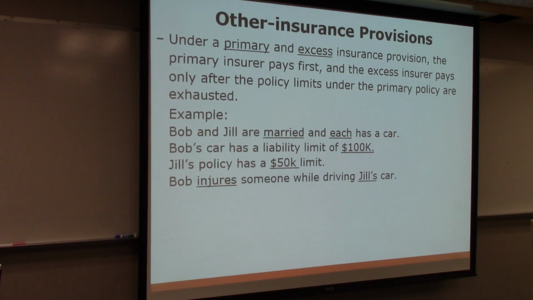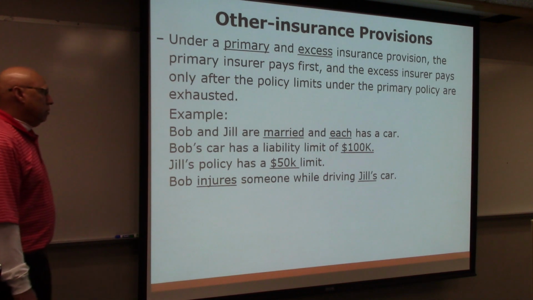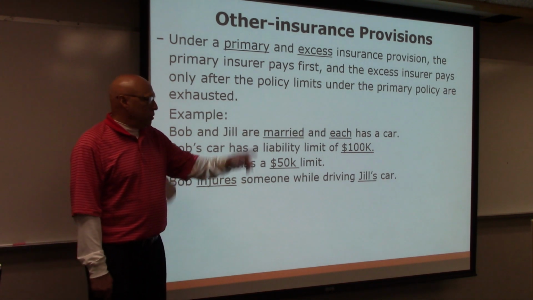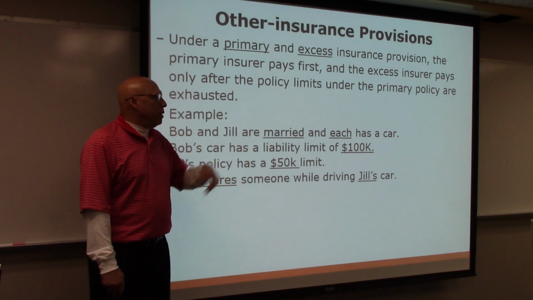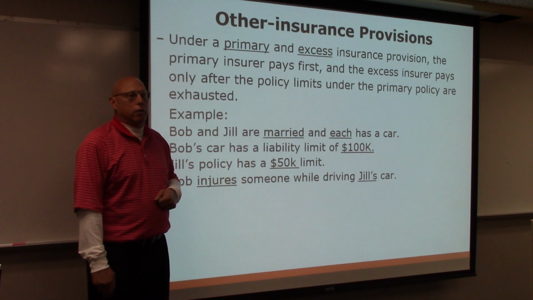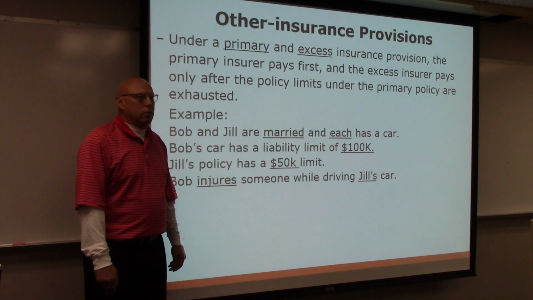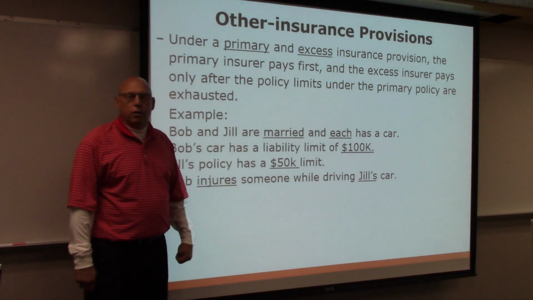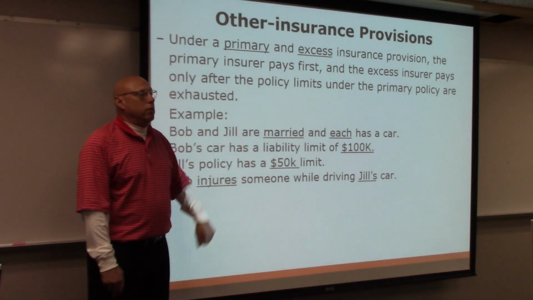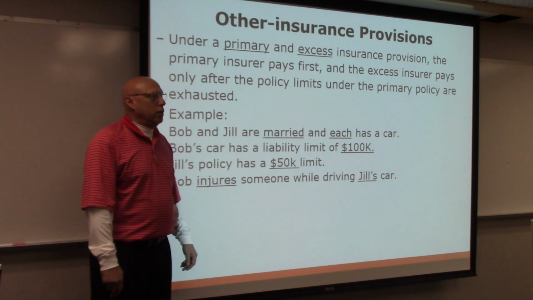Bob injures someone while driving Jill's car. Why do you think Bob is driving Jill's car? Maybe she has the nicer car. Maybe Bob's just bored driving his car. What's another reason? Maybe his car's in the shop. And what is a third reason why Bob might be driving Jill's car?